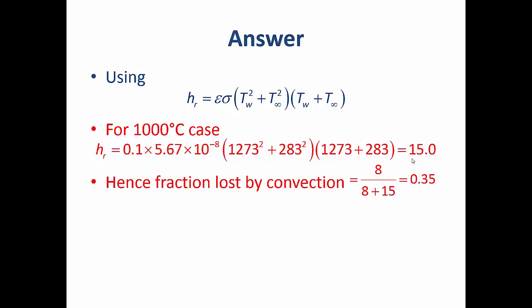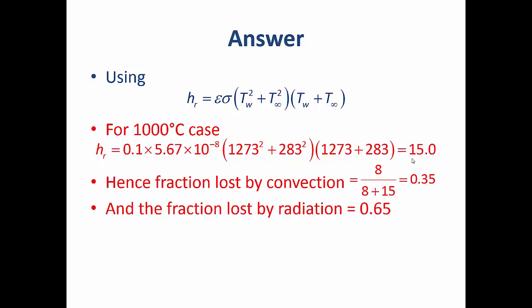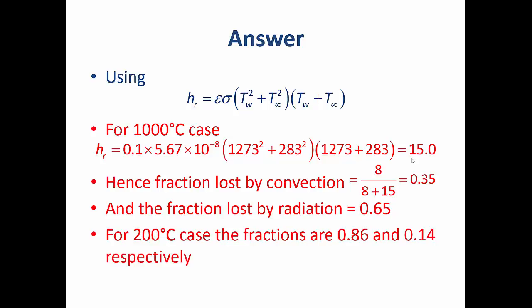Therefore, the fraction of energy lost by convection is given by 8 divided by the sum of 8 plus 15, which gives us an overall fraction of 0.35. The fraction lost by radiation is obviously just 1 minus that, or 0.65. For the 200 degrees centigrade case, the corresponding fractions are 0.86 and 0.14 respectively.